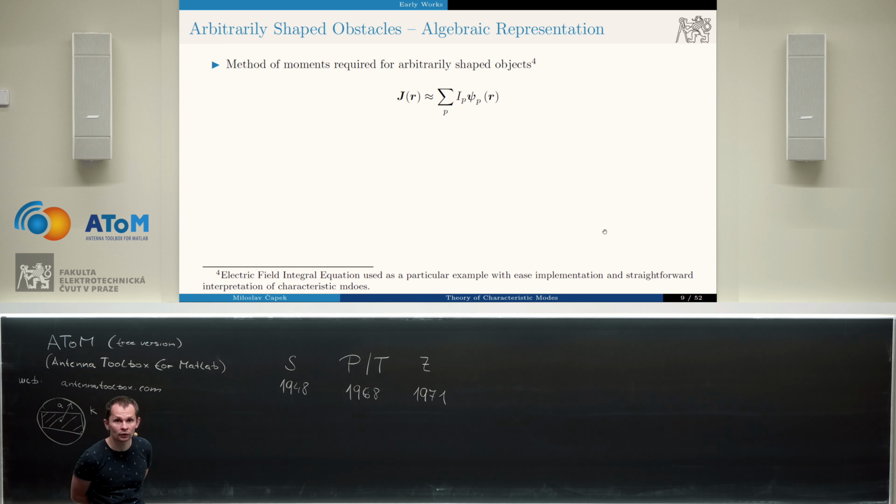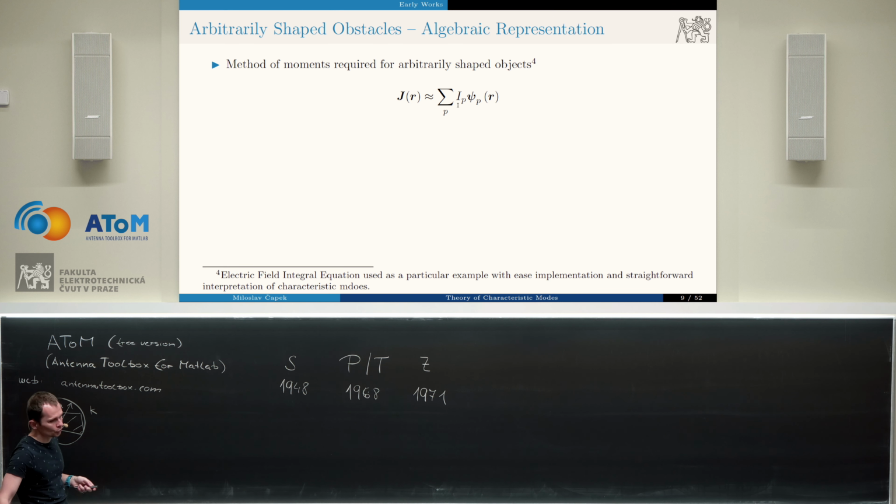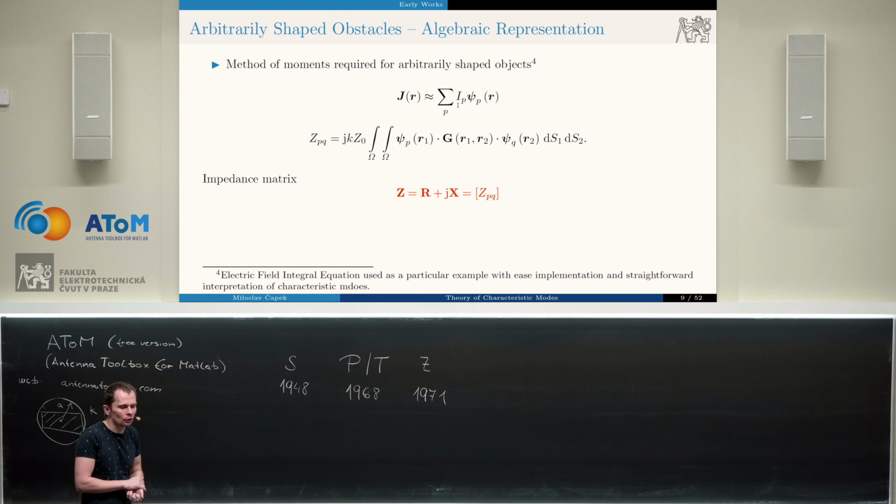So very briefly, let us assume that the yet unknown current density J is represented in a basis denoted by the letter psi with expansion coefficients I. And for simplicity, consider that we have only the electric field integral equation. First of all, this gives us a very straightforward interpretation of characteristic modes, but also it's very easy to implement in your favorite mathematical environment.